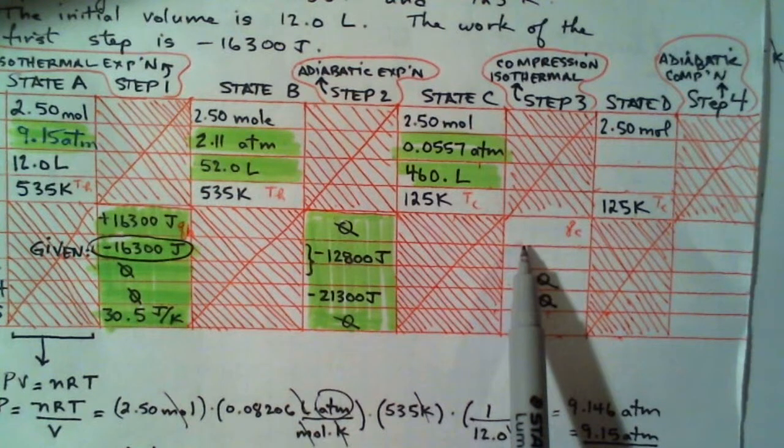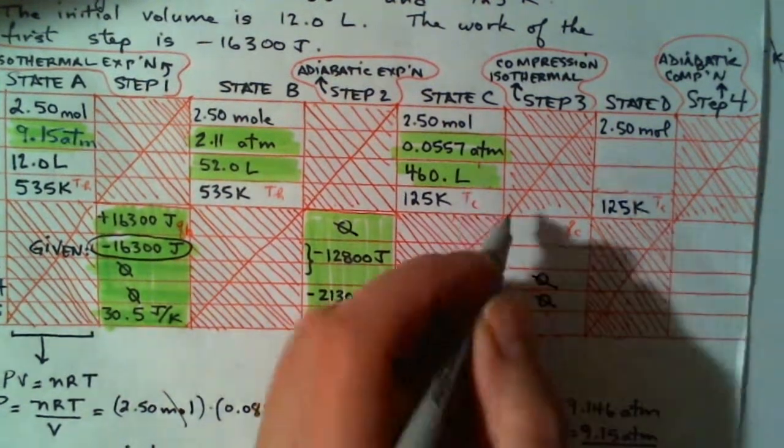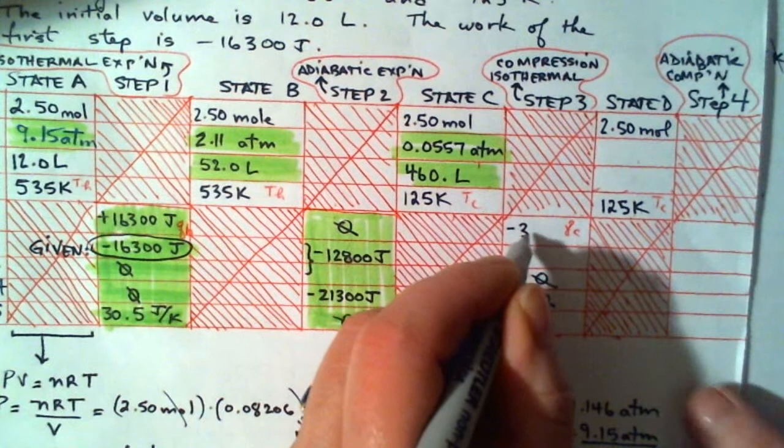And when you compress a gas, you have to work on it. So work will have a positive value. So therefore, in order to keep the temperature constant, we'll have to release that same amount of energy as heat. And so Q will be negative.